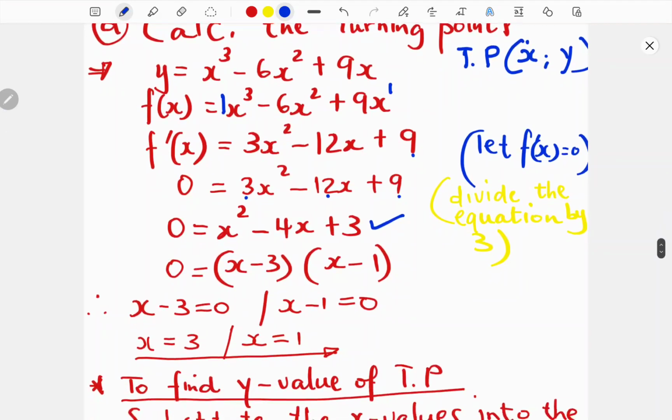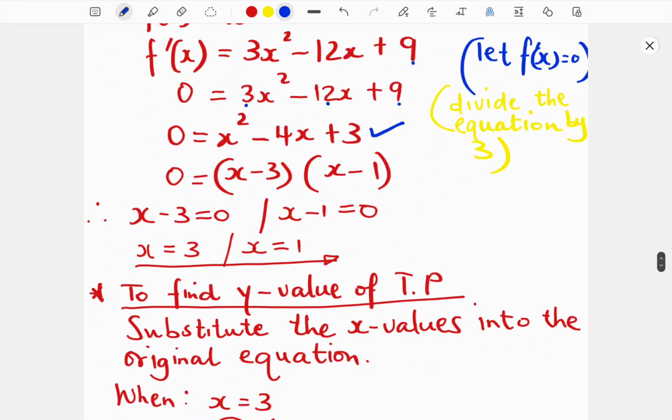Now we'll have to find the factors. Factorize, solve for x by factorization. So we've got 0 is equal to, then we open up 2 brackets, and we want 2 numbers that, when you multiply, give us 3, and the same numbers, when you add, give us minus 4. If your middle term is negative, it means these numbers that are the factors of 3 must be a negative number times a negative number.